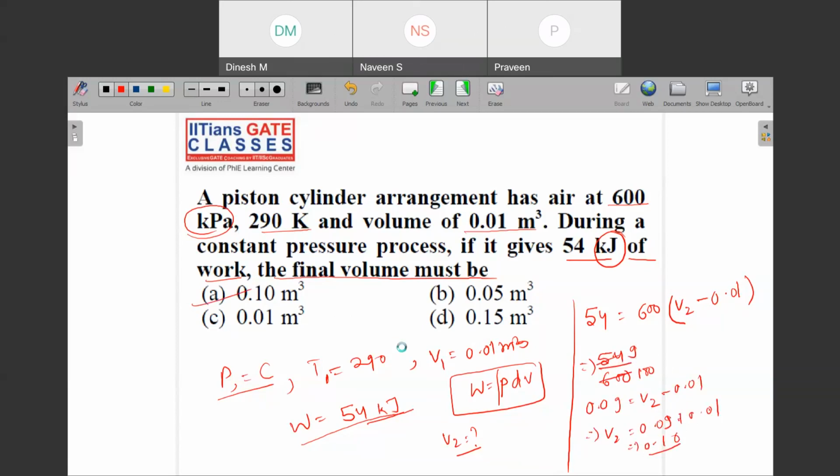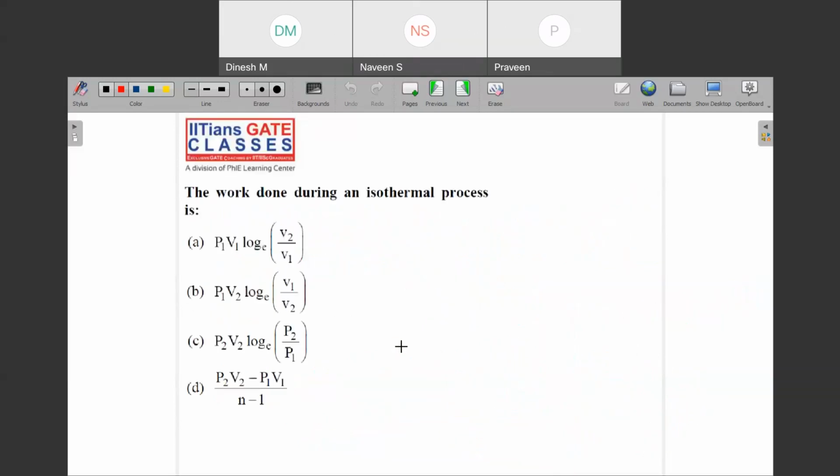Let us solve the next question. It says that the work done during an isothermal process is. What do we know about an isothermal process? In an isothermal process, the temperature remains constant.